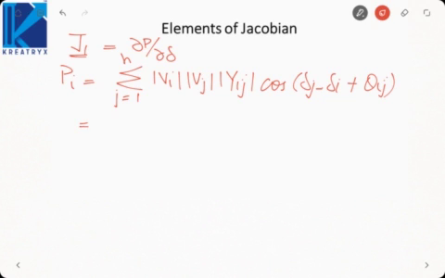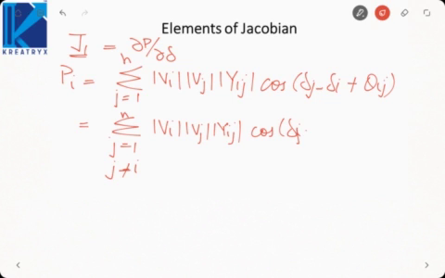Now let me separate the ith term from here: the sum over j equal to 1 to n, j not equal to i, of mod Vi mod Vj mod Yij cos of (delta j minus delta i plus theta ij). And if i is equal to j, then the term would be mod Vi square Yii, since delta i and delta j will get cancelled out.